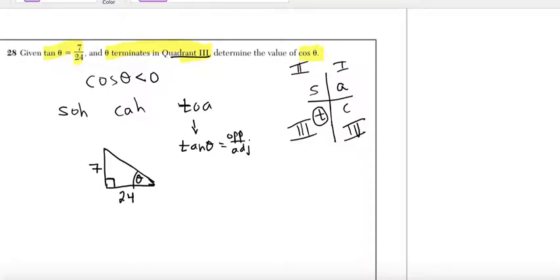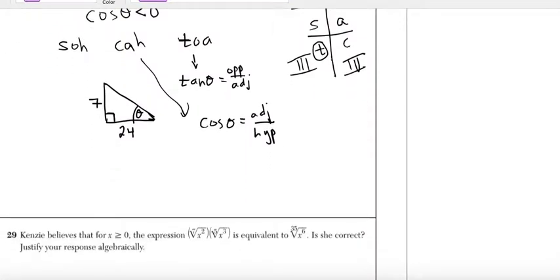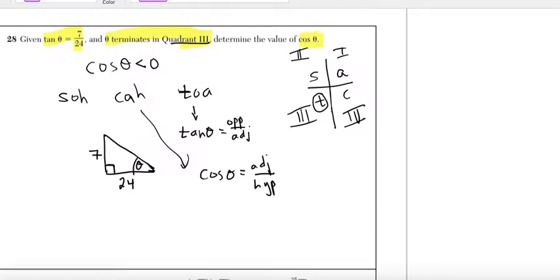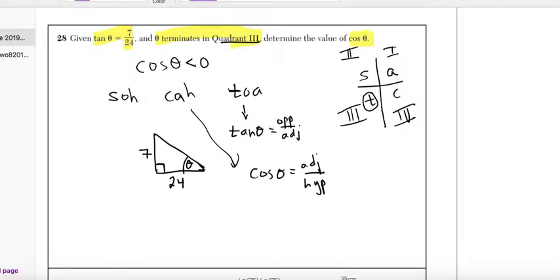Now we have to find cosine theta, which is equal to adjacent over hypotenuse. But we don't know what the hypotenuse is, so we need to find it. So we're going to do 7 squared plus 24 squared equals c squared. I'll just call this c for the hypotenuse, right? The Pythagorean theorem. We know 7 squared is 49. 24 squared, I do not feel like doing that in my head right now.